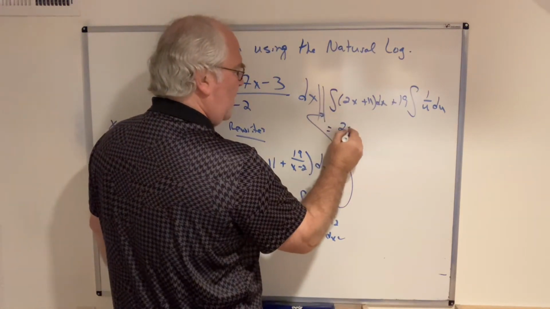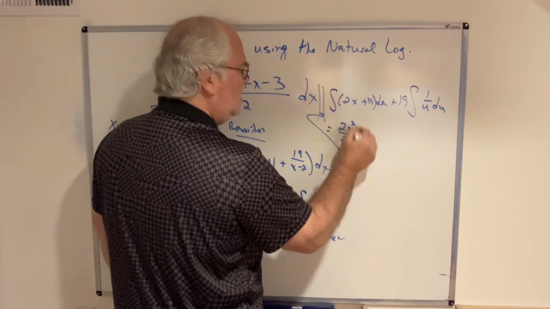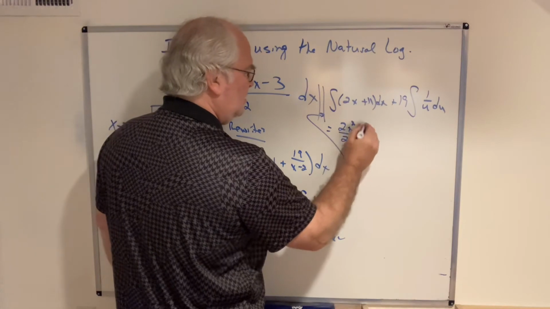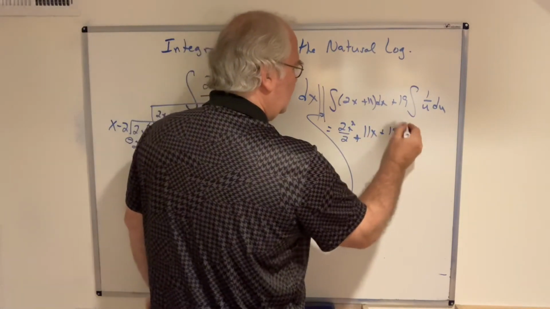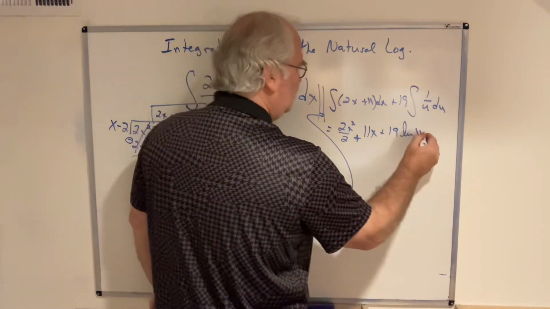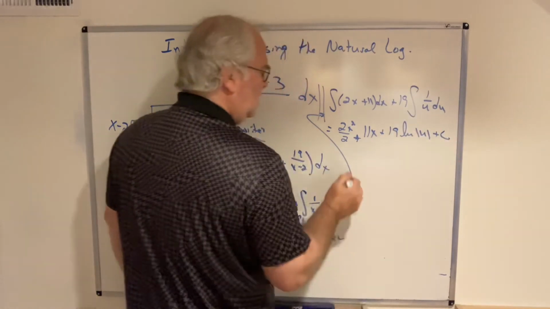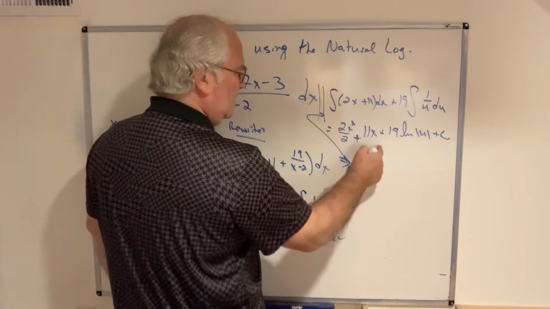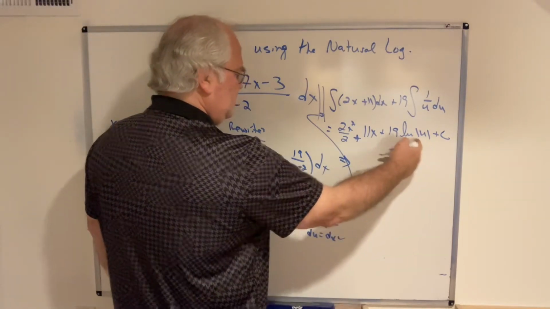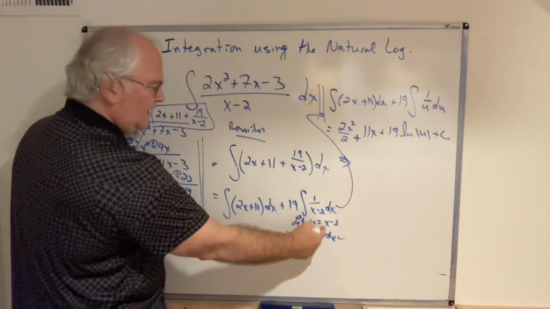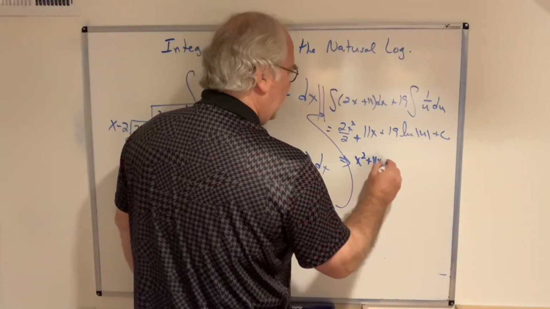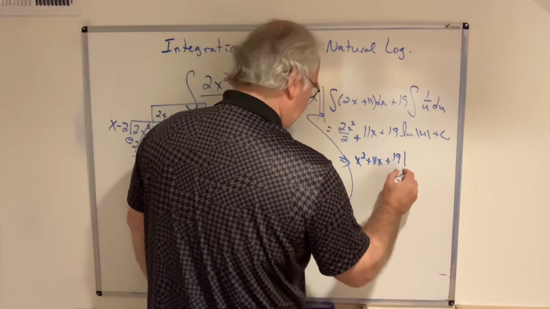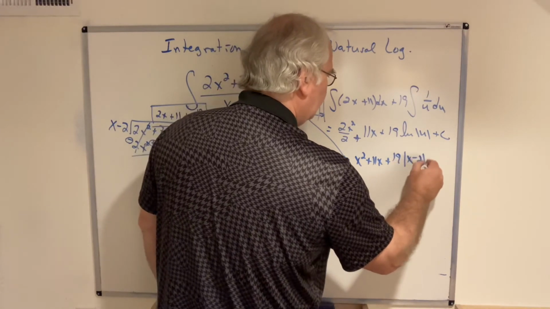Antiderivative, that's 2x squared over 2 plus reattach the variable. And then this is 19 natural log absolute u. And then if we want to clean that up a little bit, I need to replace u with the x minus 2. So that's x squared plus 11x plus 19 natural log absolute x minus 2.